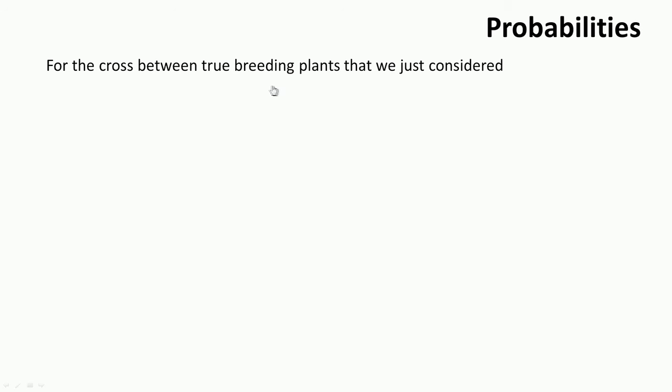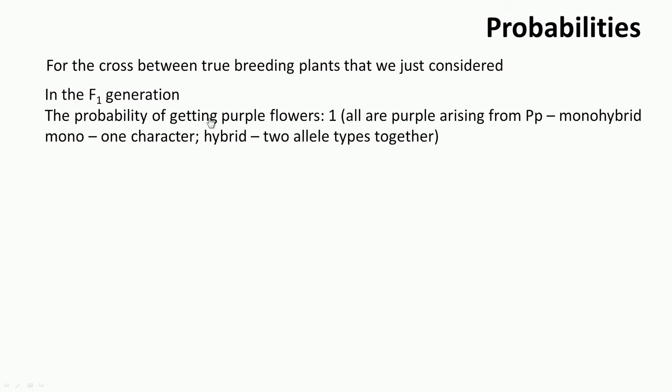For the cross between true breeding plants that we just considered, in the F1 generation, the probability of getting purple flowers was 1. All were purple, arising from capital P small p. So, monohybrid, mono is 1 character, hybrid means it is a mixture of 2 allele types, and the probability of getting white flowers is 0.